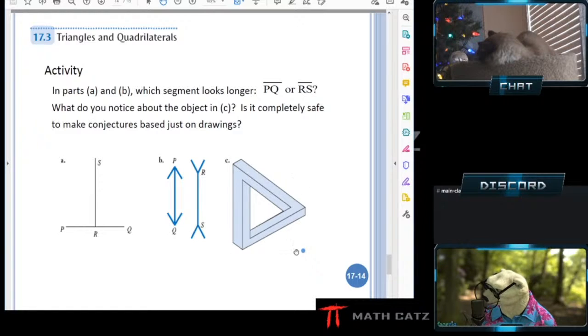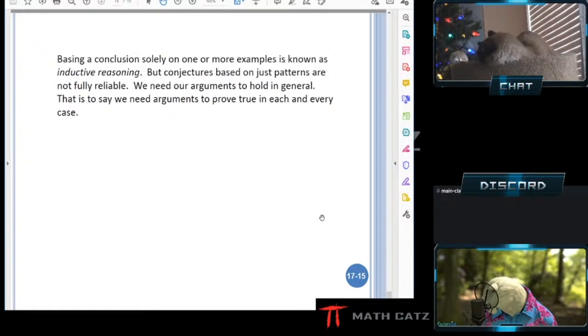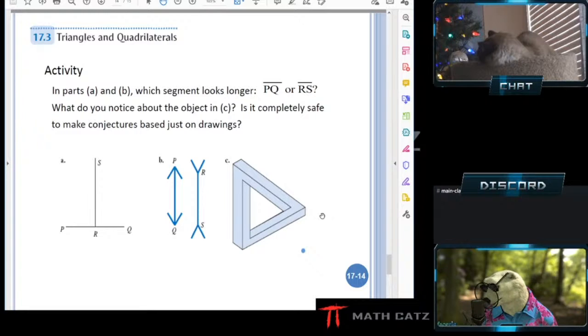The longer you stare at this, the worse it gets. It's impossible. Can't be done. But the importance is therefore to not rely on our perception of lines and shapes and objects, but have clear arguments for properties of these shapes.